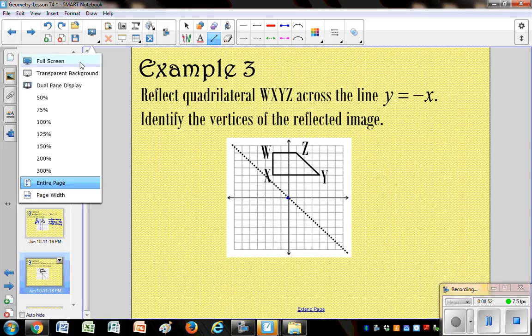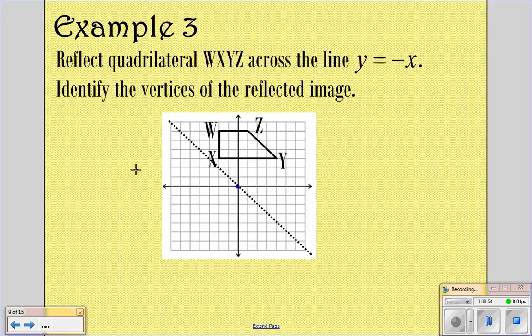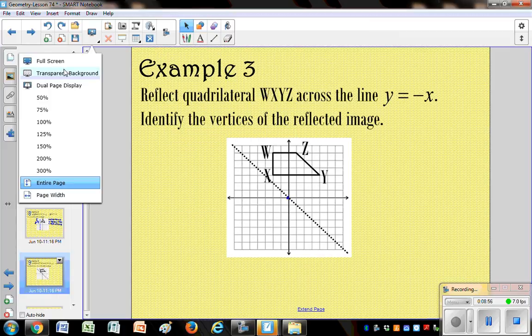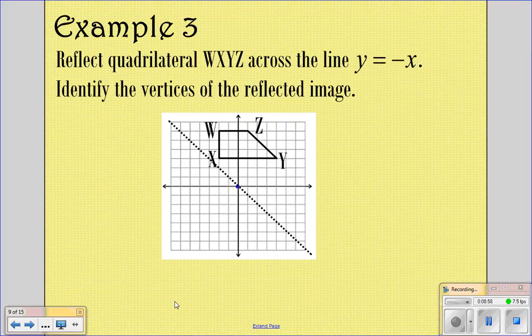Okay. So now we have our line. And now on this one, if you were able to graph the line, some of y'all don't reflect it correctly, okay? We have to be very careful when we reflect this.